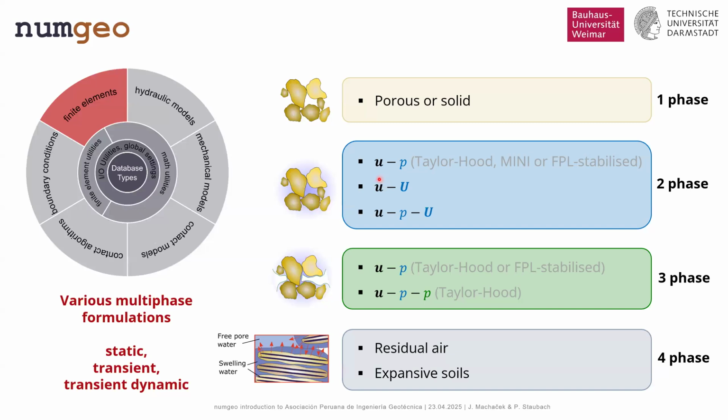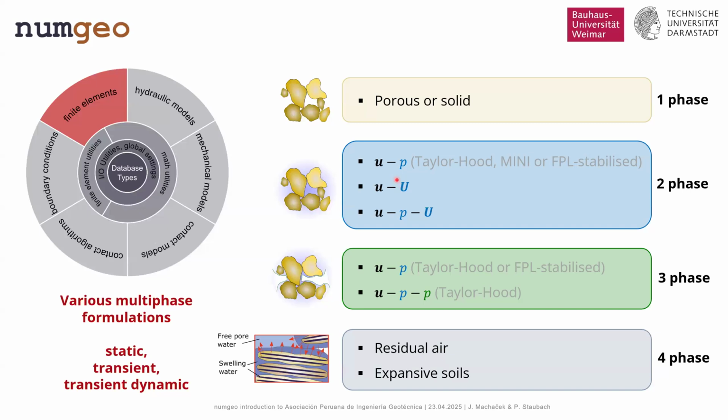For example, we have a so-called Uu formulation, where the small u denotes the displacements of the solid or the soil, and the capital U, the blue one, denotes the displacement of the water. So instead of discretizing the pore pressure, here we're discretizing the displacements of the water.